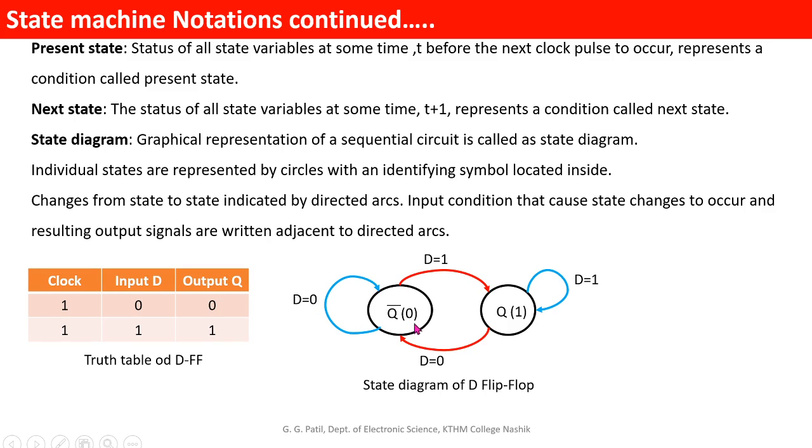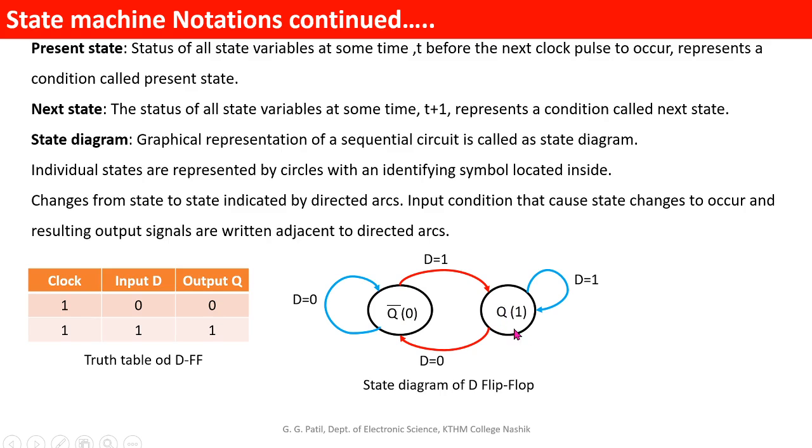But if in the present state the output is 0 and input D equals 1, we know that if the flip-flop D input is 1, the flip-flop makes the output 1, so it changes to 1. Therefore this directed arc is drawn to show the change from 0 to 1.